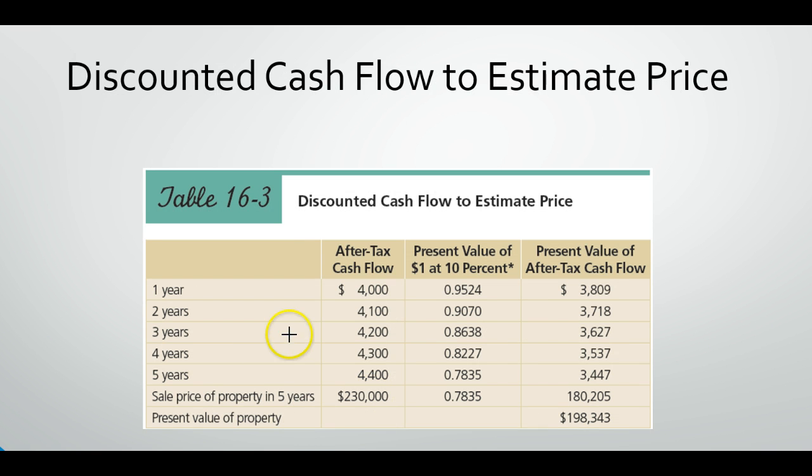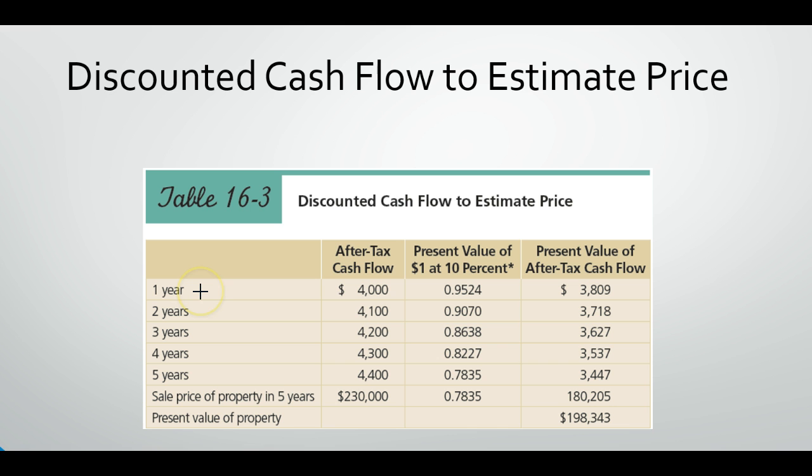If you will, we are going to assume we're going to buy a piece of property, and this particular chart doesn't tell you what the purchase price of the value is, but we would need to consider that in our calculation here.